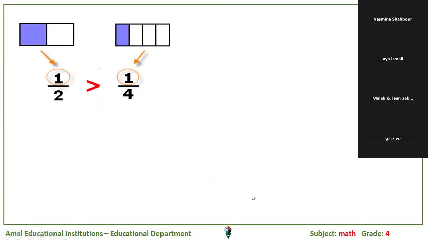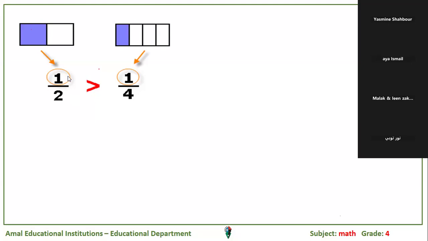Here in the first example, we have one colored part. Please don't write on the screen. So 1/2, one colored part from 2 parts in total, true? And here we have one colored part from 4 parts, so 1/4. 1/2 is bigger because we have the same numerators.